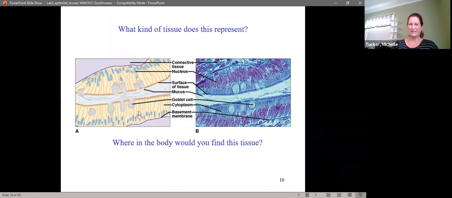So this would be, yes, simple columnar, and it's found in the jejunum, which is part of the small intestine, yes. And on the quiz and on the lab exam, I'm not sure if it says jejunum or small intestine. So be familiar with both of those.